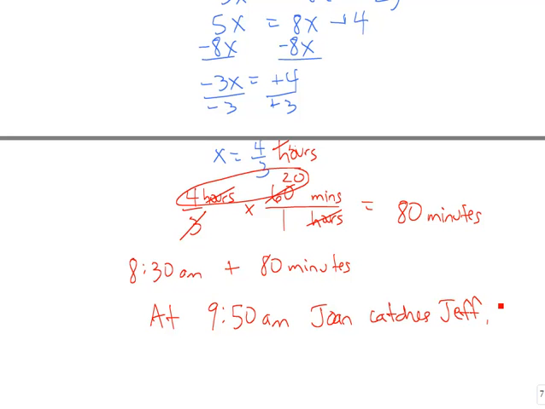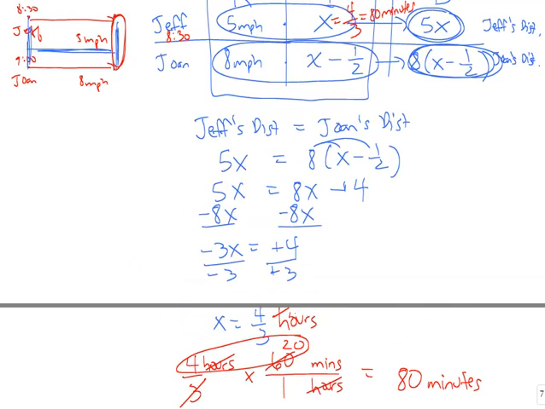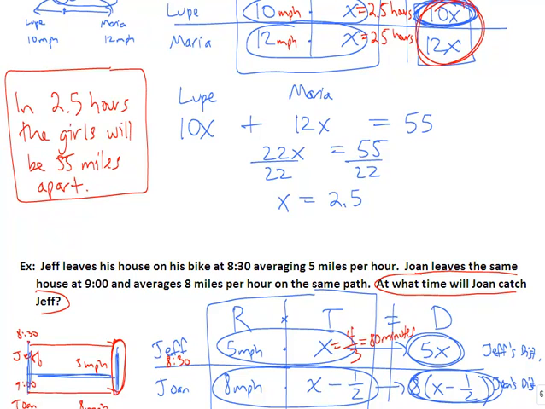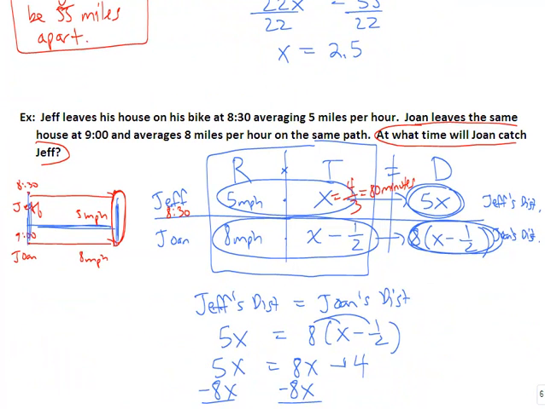All right, let's summarize one last time. We had our distance, rate, and time. We knew the two rates. The time difference with the two clock times gave us two different times in our time column. Jeff's time was x, Joan's time was x minus a half hour. Multiply across to get the distances. We knew the distances had to be equal, so we set them equal and we solved.